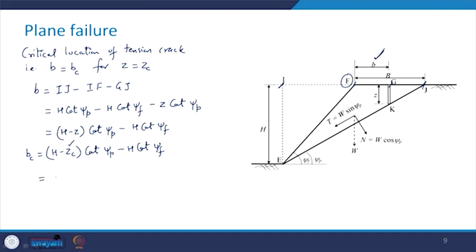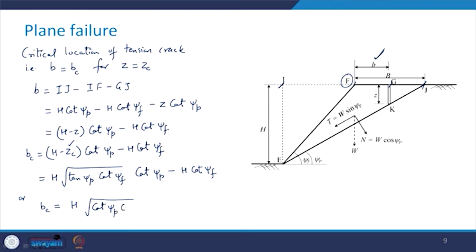So, what you will get is h square root of tan ψp cot ψf into cot ψp minus h cot ψf, or we can write this bc as h times (square root of cot ψp cot ψf minus cot ψf).